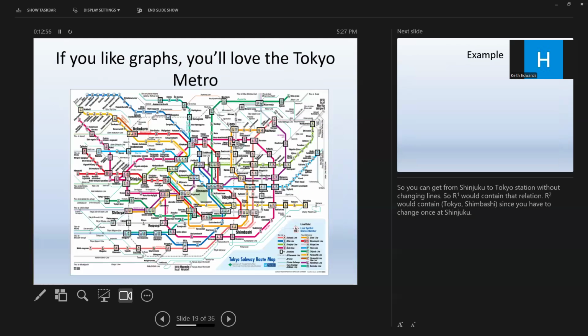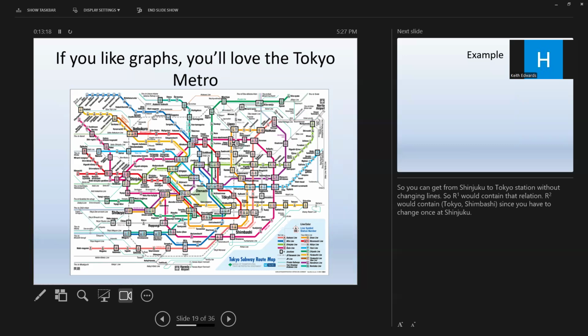And wow, if you like complicated graphs, the Tokyo Metro is definitely your thing. So here you can see Tokyo Station. It's M17, I believe. And can we get from Tokyo Station to Shinjuku?